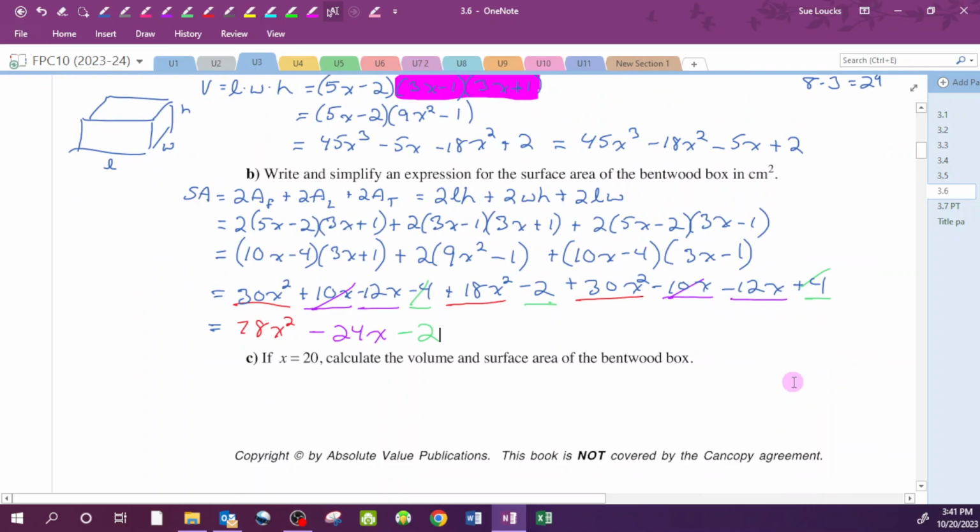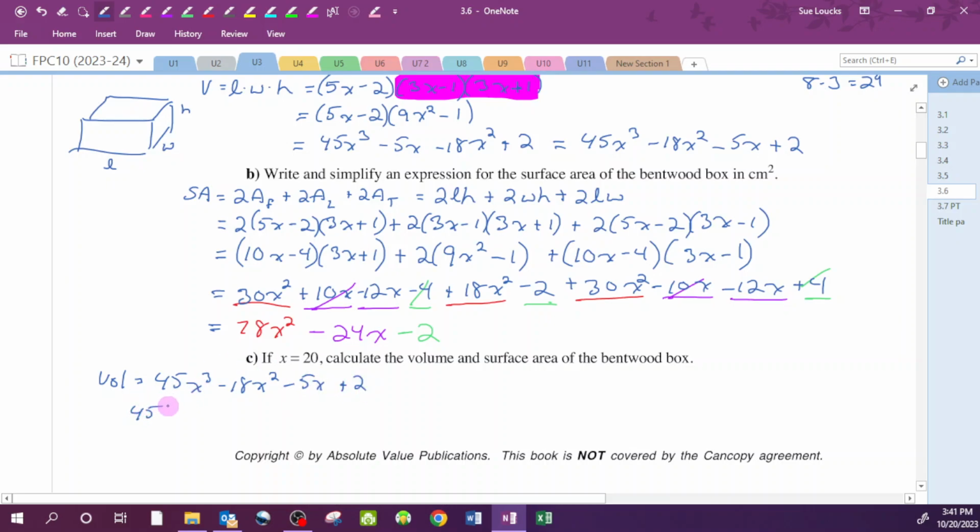And then I'm going to make x equal 20 and calculate these things. So to calculate this, I'm going to do volume first. So the volume equals, I'm going to write up my expression here. I've got 45x cubed minus 18x squared minus 5x plus 2.